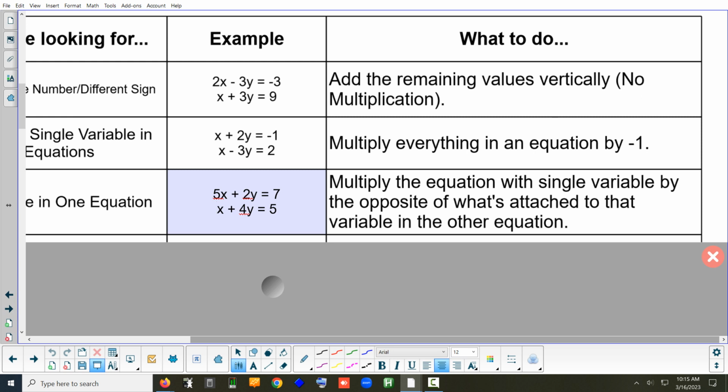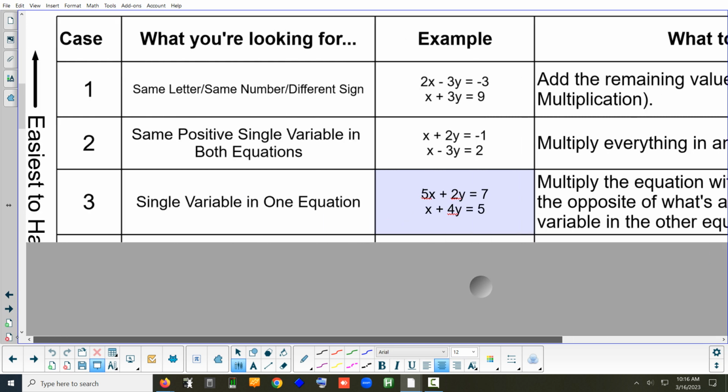So multiply the equation that has the single variable by the opposite of the number attached to that variable in the top equation. Again, this is situation 3.